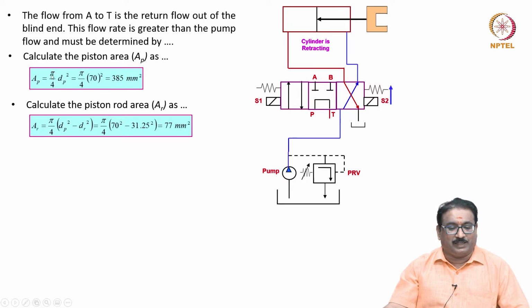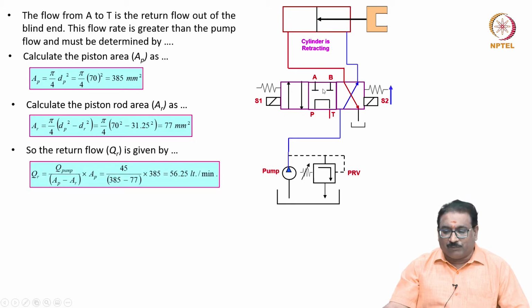I am finding out here the piston area and the rod area. So the return flow is given by Q pump divided by AP minus AR into AP. Substitute all the values, I will get the return flow is 56.25 liters per minute.